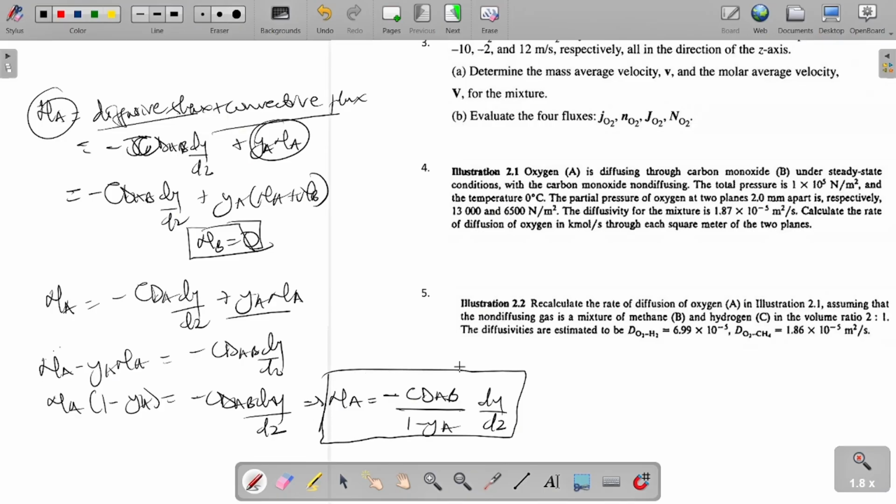But over here, I also have to do my integration to remove the differentials from there, right? If I want to get rid of them, that means I need some boundary conditions.